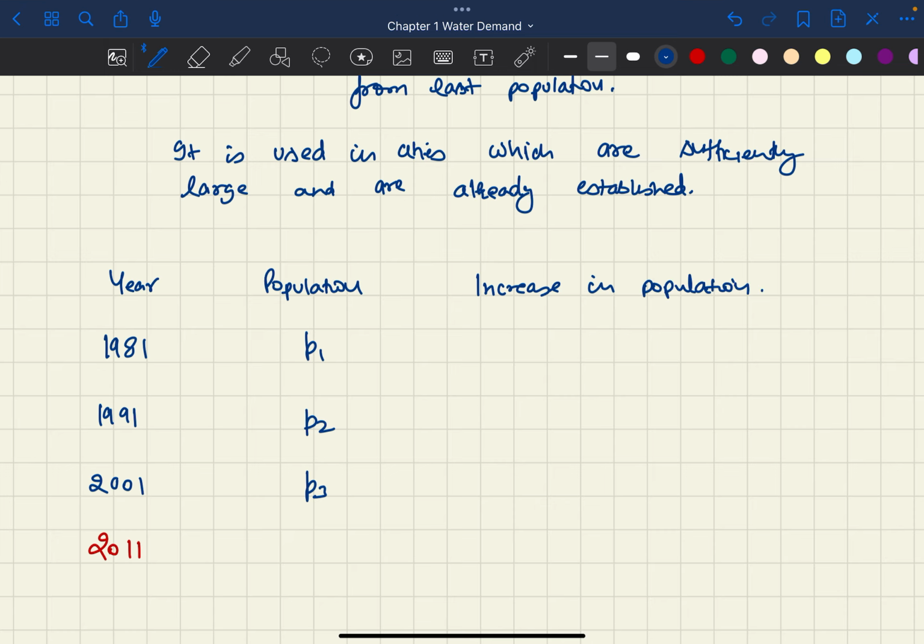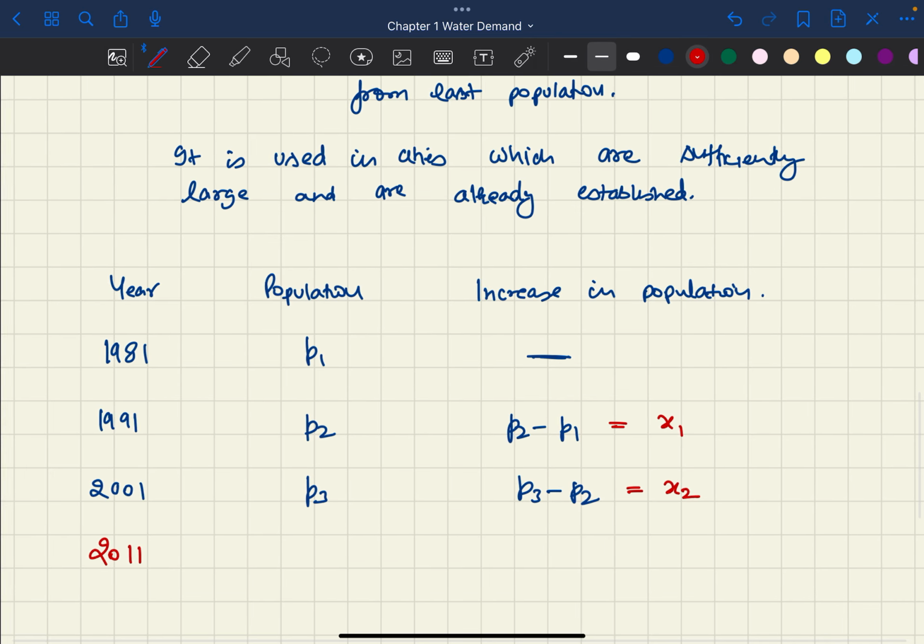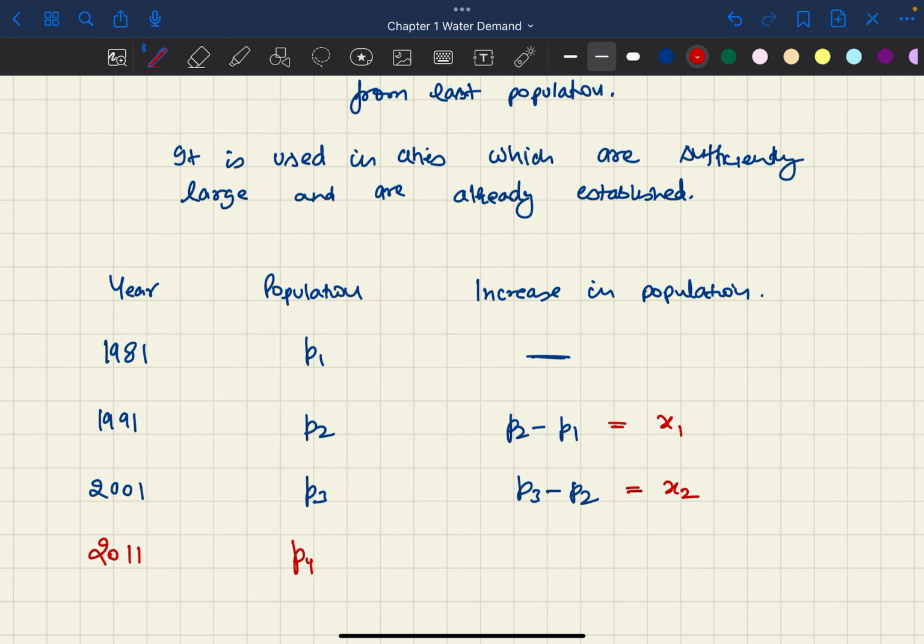Since it is arithmetic, so we will calculate the arithmetic difference. So say this will be P2 minus P1, that is equal to x1. Next is P3 minus P2, this is equal to x2. So this is P4. How we will calculate P4?